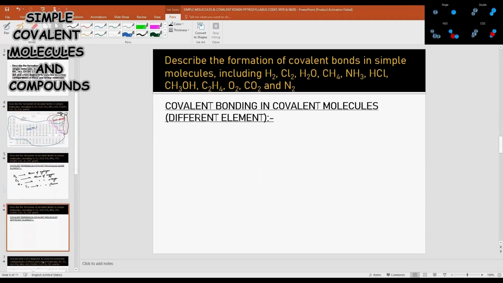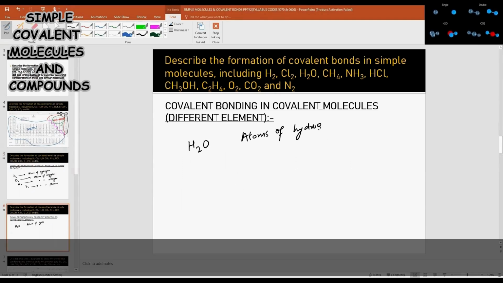We'll see some examples of covalent molecules formed from different elements. In H2O, we have atoms of hydrogen and oxygen.